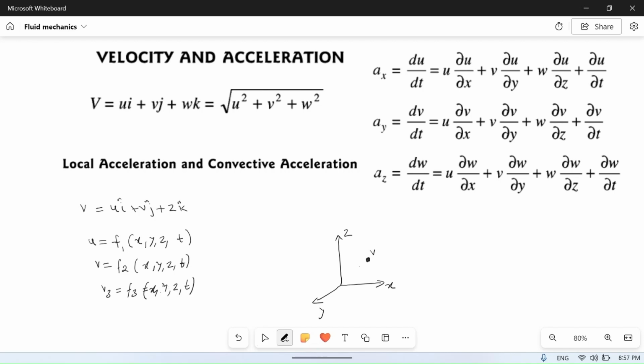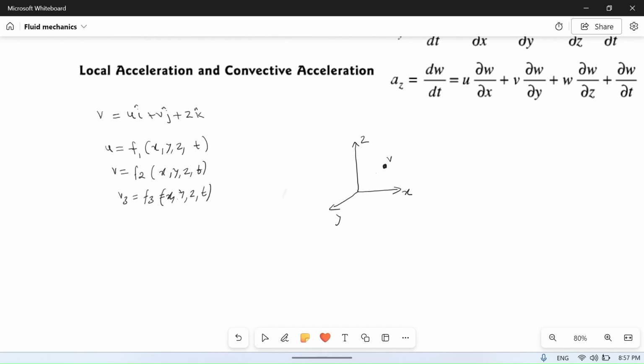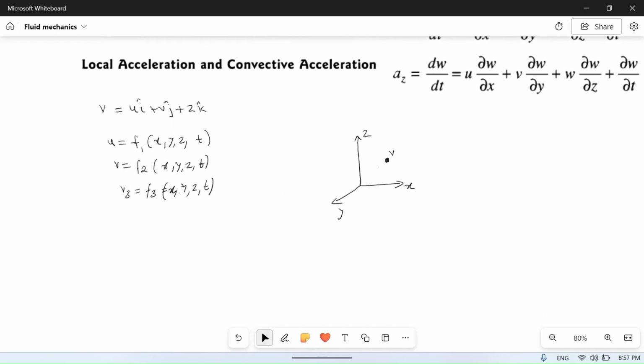V is the resultant velocity, and its scalar value can be found by this formula: the square root of u square plus v square plus w square. So u is the velocity in this direction, v is the velocity in this direction, and w is the velocity in this direction.